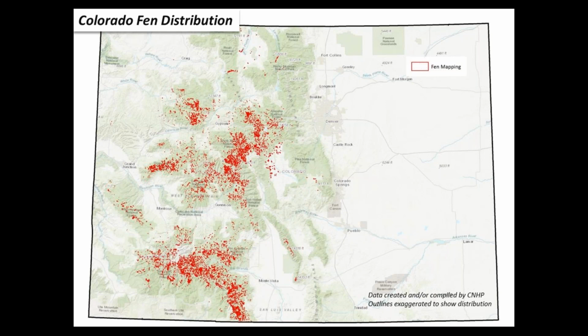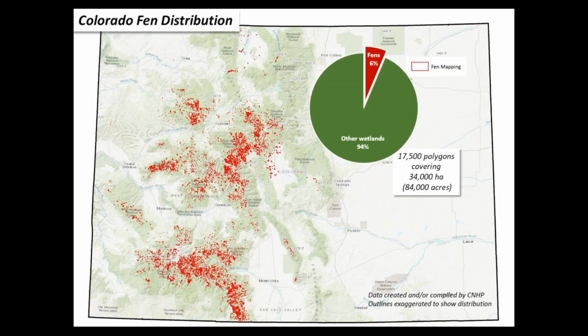This data set contains 17,500 polygons, covering 34,000 hectares or 84,000 acres of fen wetlands. As mapped, these acres represent about 6% of all mapped wetlands and only a tiny fraction of the landscape. And since we know there are holes, we might assume that perhaps fens represent up to 8% of wetland acres, but likely no more.